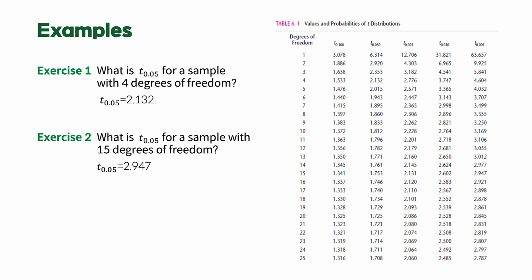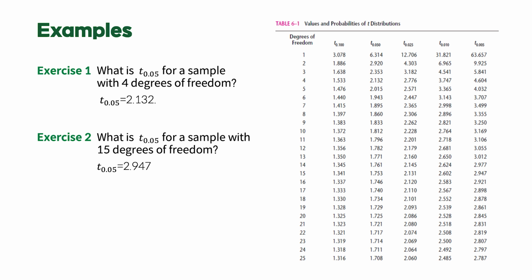For example, if you want to find the t-score such that the significance level is alpha, where alpha divided by 2 is equal to 0.05, which means the significance level alpha is 0.1, then how do you find t sub 0.05 with 4 degrees of freedom? You can find that exactly from the table by first going to the row that represents the degrees of freedom.